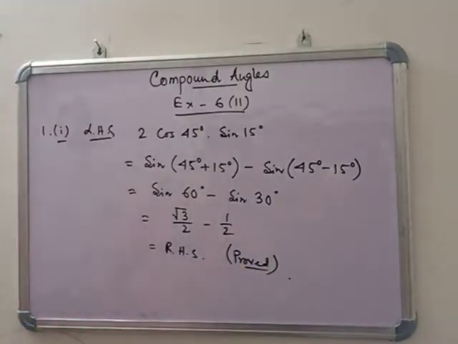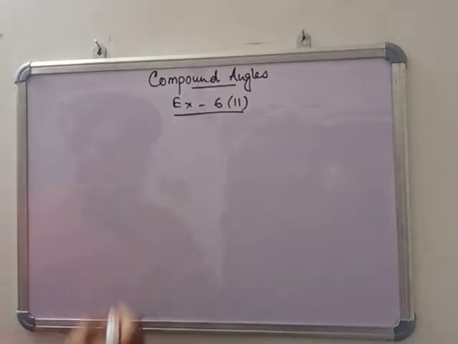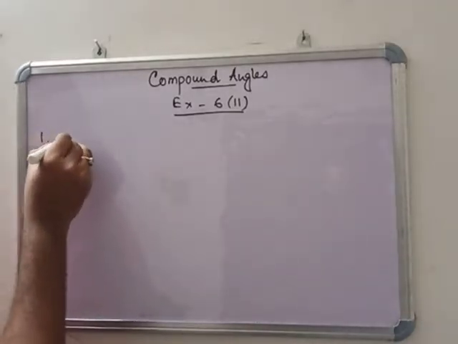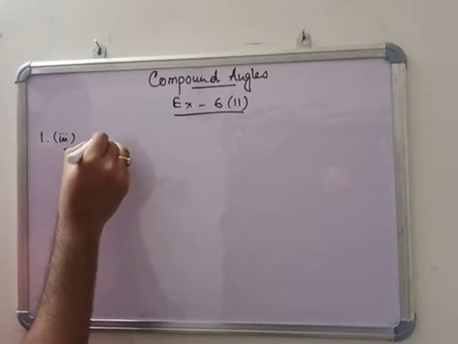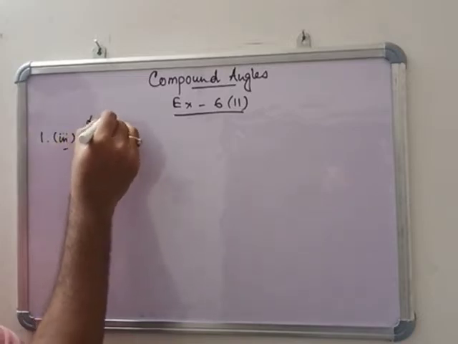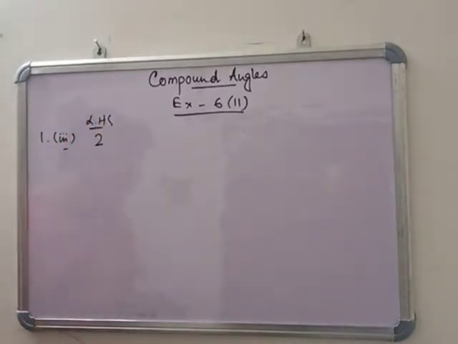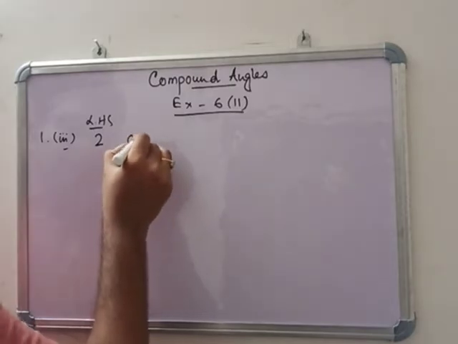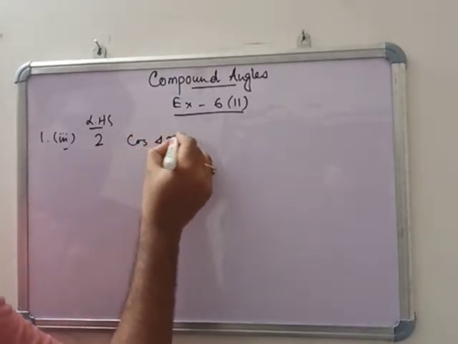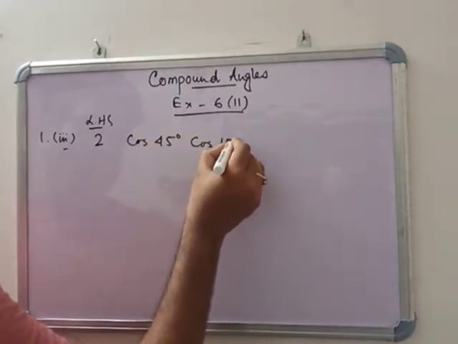Next one. In question 3, see that the LHS is given as 2 cos 45 degree cos 15 degree.